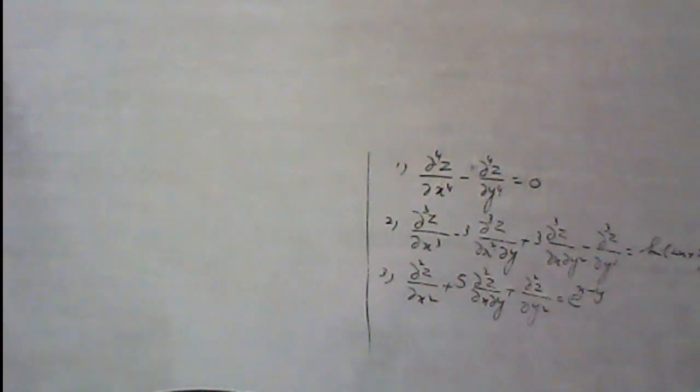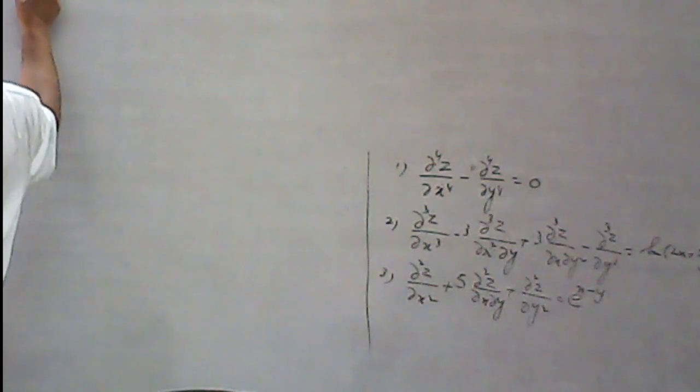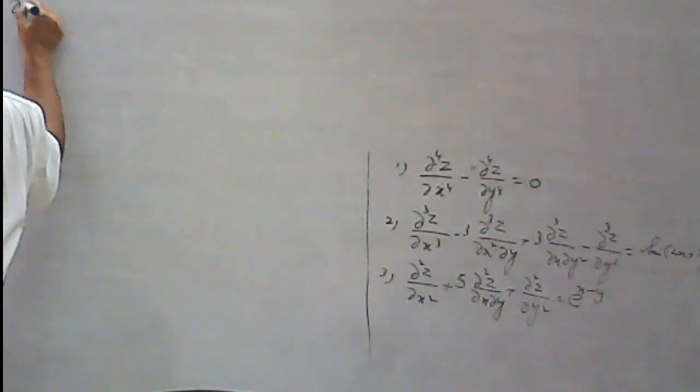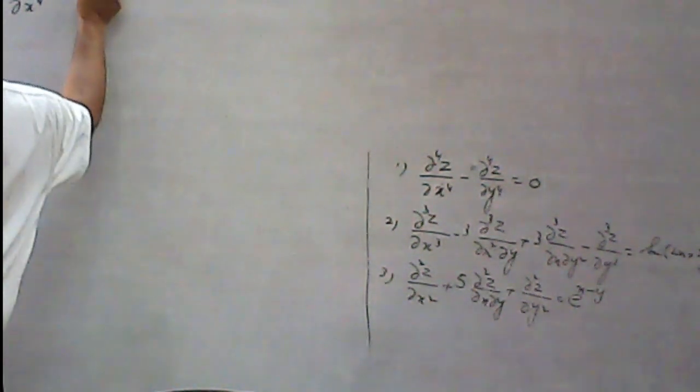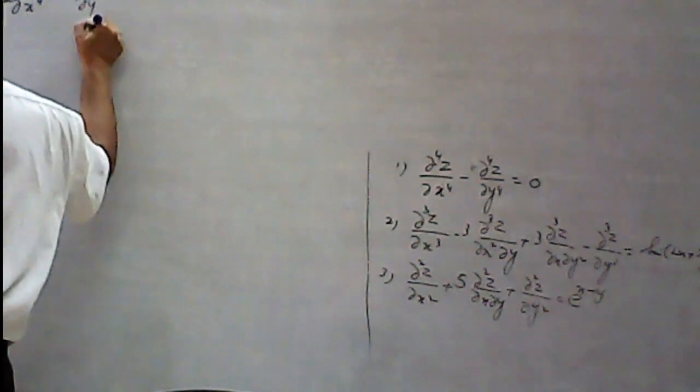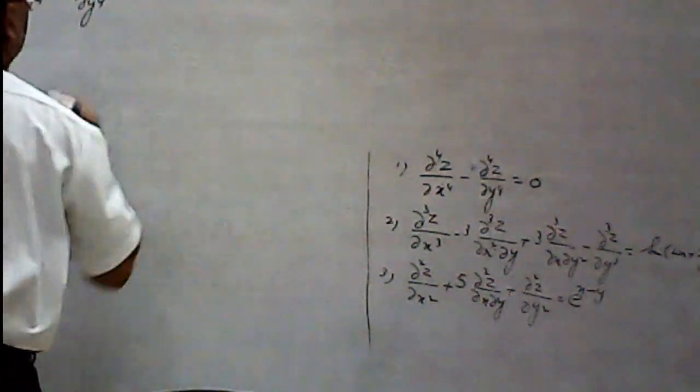Let's say we have identical examples. Example number 1 is the same as I write here: partial^4 z over partial x^4 minus partial^4 z over partial y^4 equal to 0.